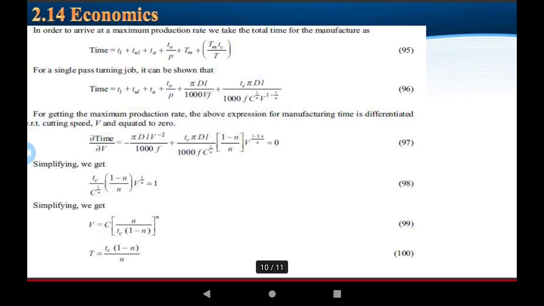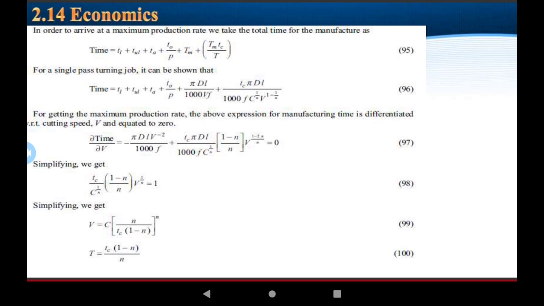The economics is the main factor of the industry. For maximum production rate we can take the total time of the manufacturing operation.